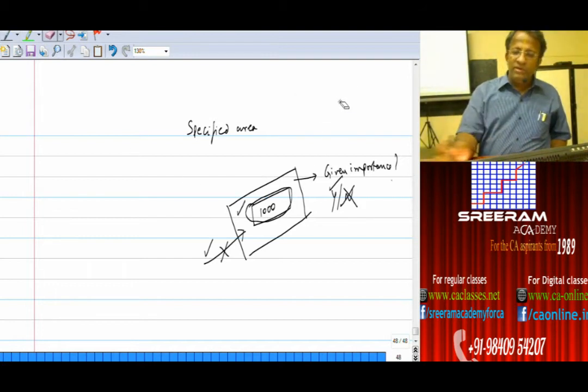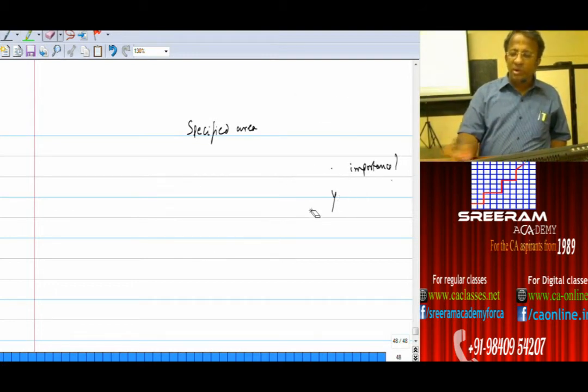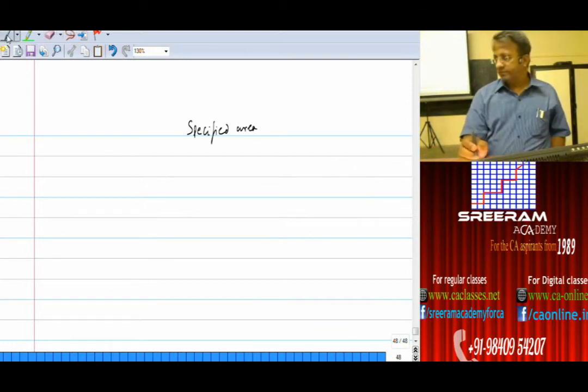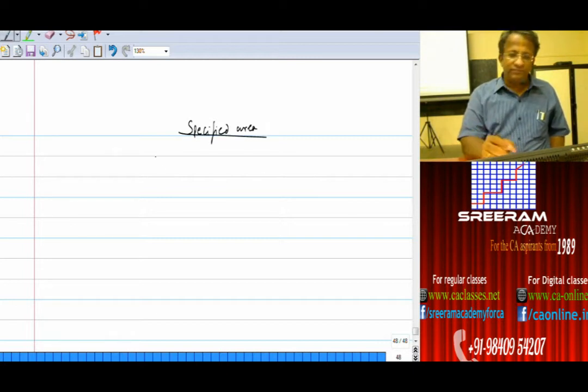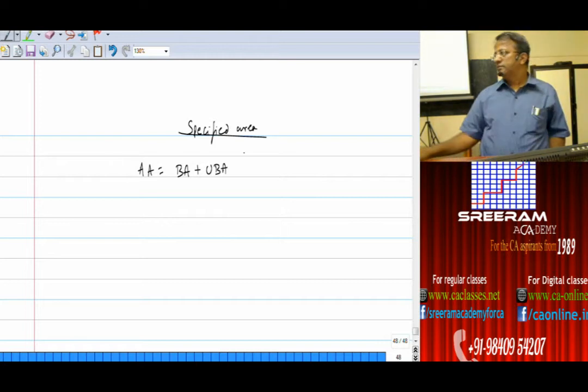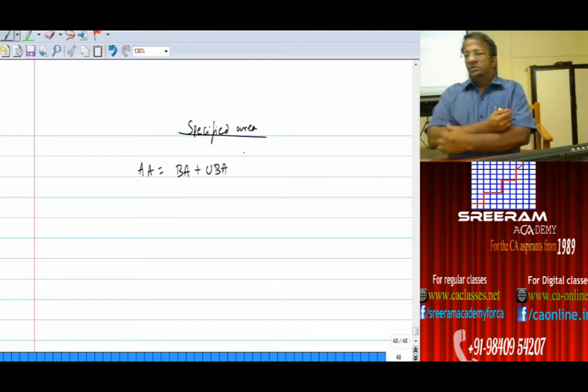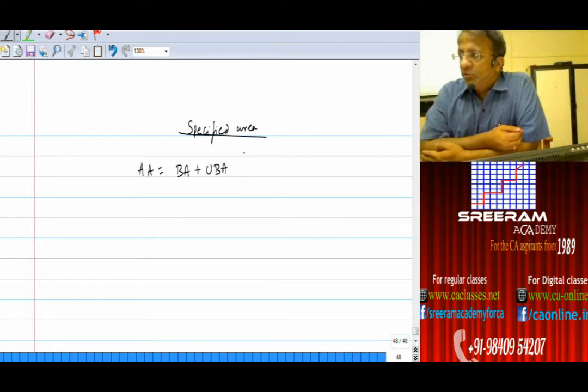So now we need to discuss something about aggregate area, built area, unbuilt area and all that. This specified area I will tell you later. So aggregate area is equal to built area plus unbuilt area. Do you agree with me? All abbreviations I think you should be in a position to understand. What is AA, BA, UBA?